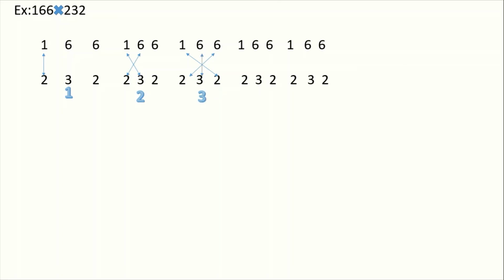For the next compartment, we multiply the numbers in the hundreds place and units place, added to the product of the numbers in the units place and hundreds place, and that is added to the product of the numbers in the tens place. For the next compartment, we multiply the numbers in the tens place and units place, added to the product of the numbers in the units place and tens place. For the final compartment, we multiply the numbers in the ones place.